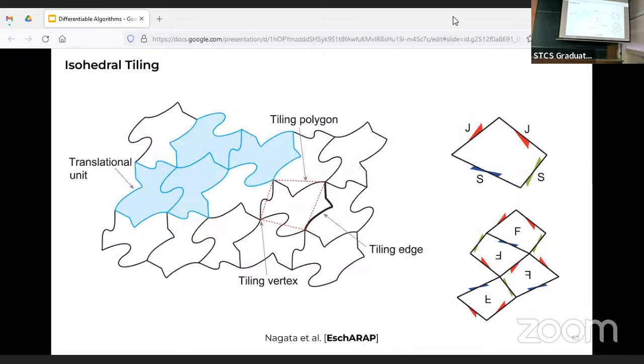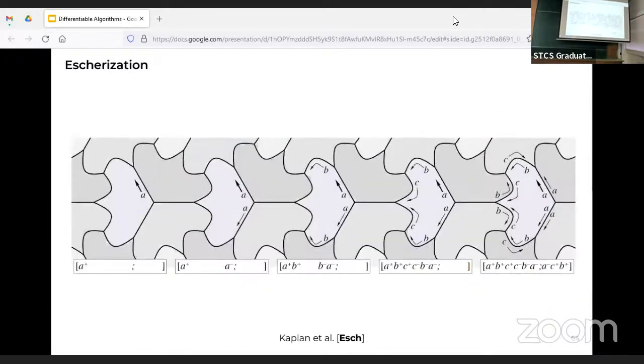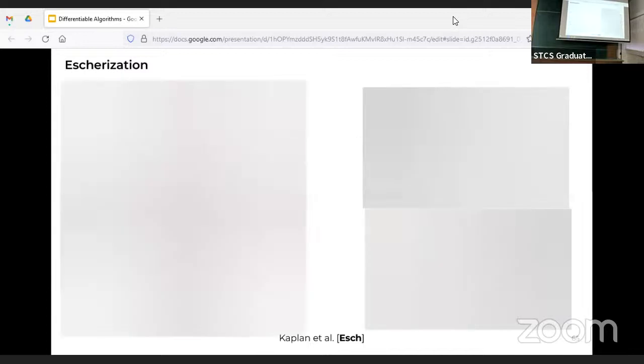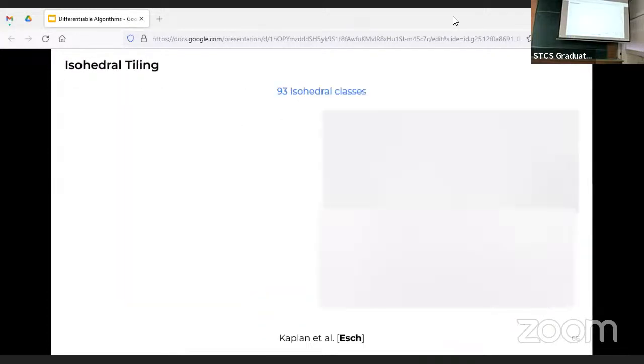So there have been previous works on Escherization where the tile shape is assumed to be a piecewise linear polygon, and they define constraints on the adjacency, so how the tiles are adjacent. This gives rise to many isohedral classes.